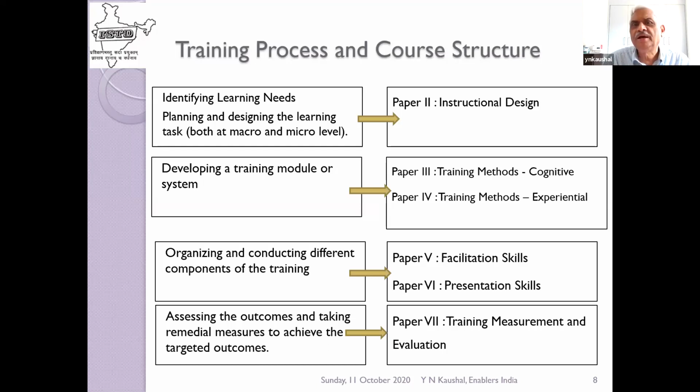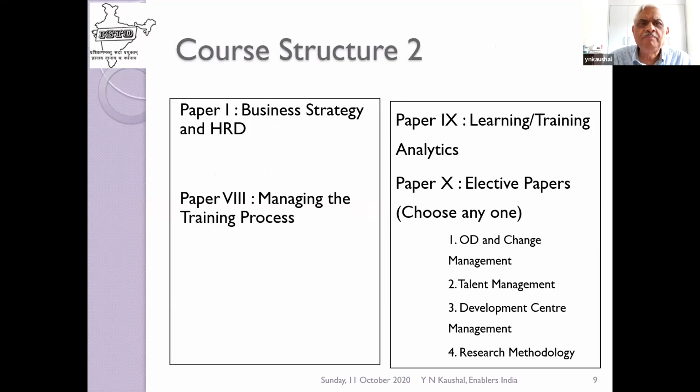So far so good, but you are seeing that paper 1 is missing, paper 8 is missing, and paper 9 and 10 are missing. So I would now like to tell you about this. Paper 1, business strategy and HRD, is an overall integrative topic, where you are trying to see that our training activity is aligned with the business strategy.